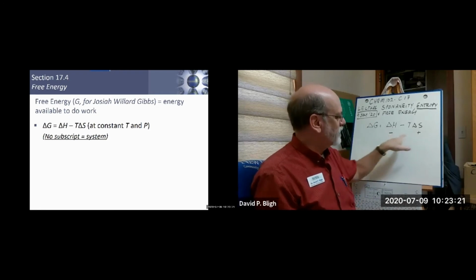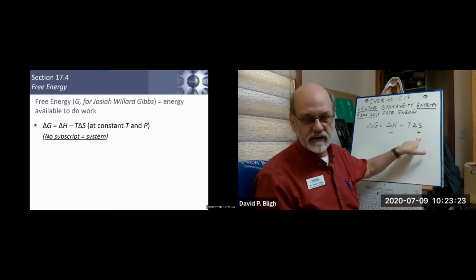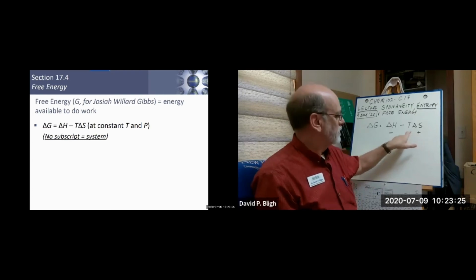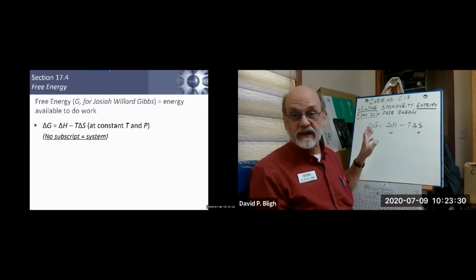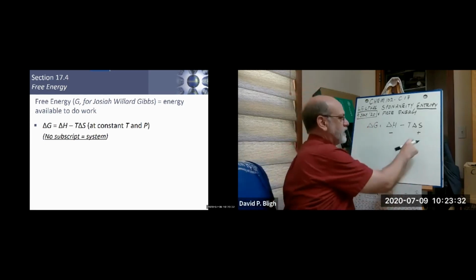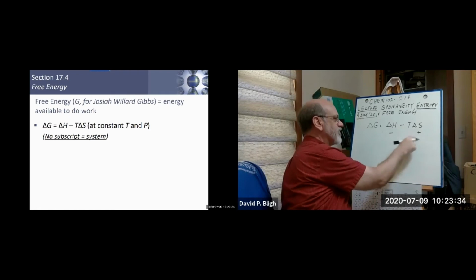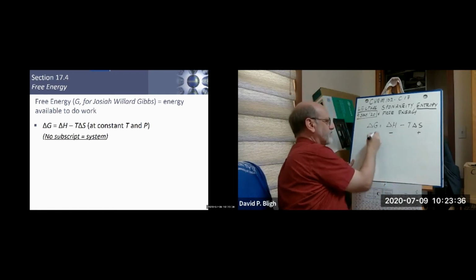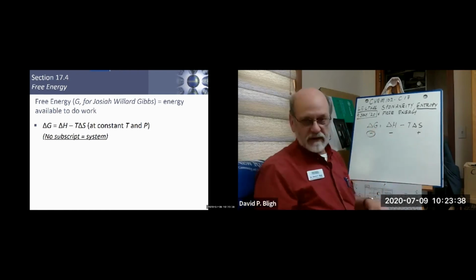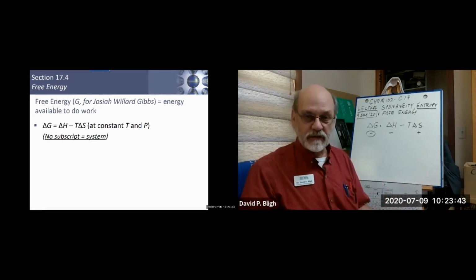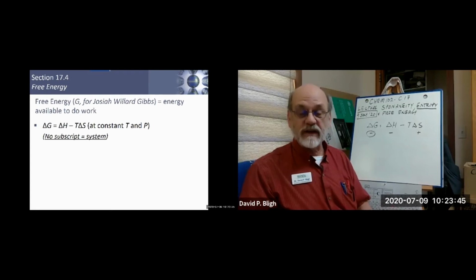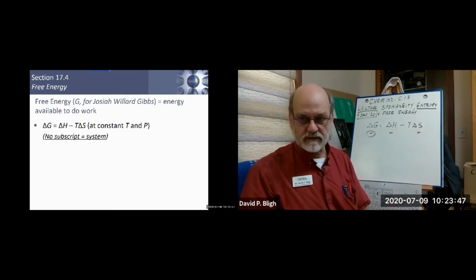We had an exothermic and a positive delta S for our system. Then we would have a spontaneous situation. What would the sign of delta G be in that case? Well, if this is positive times negative, this is negative, negative, that would be negative. So what that says is, if delta G is negative, you have a spontaneous process.